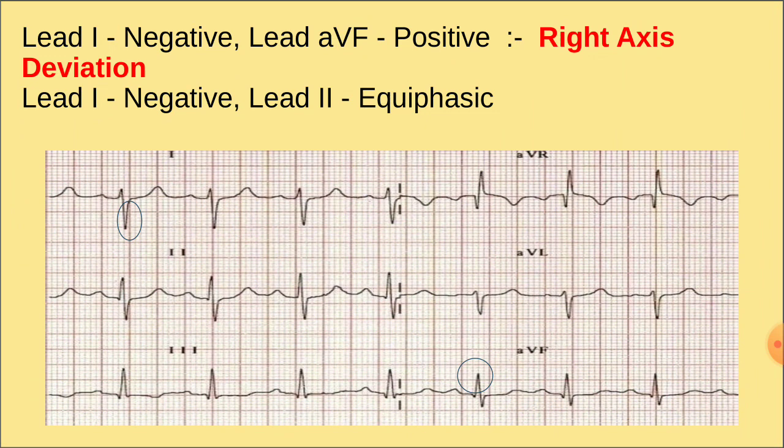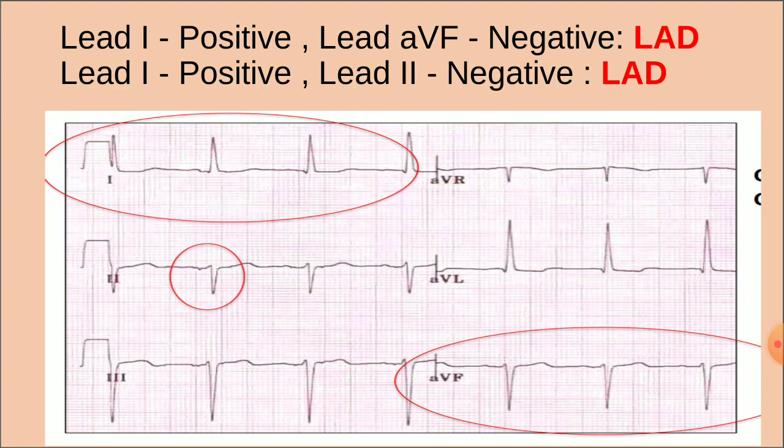This you can remember with a mnemonic: right reaches. If you place the ECG of lead aVF under the ECG of lead 1, you can see both QRS complexes try to reach together. Hence, you can remember right axis deviation as right reaches.